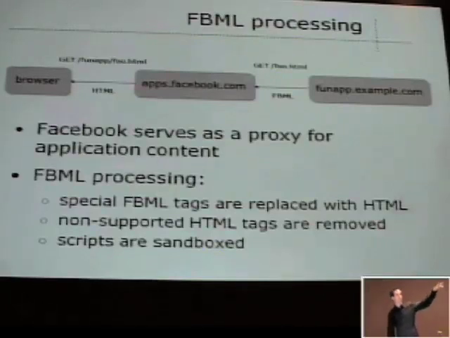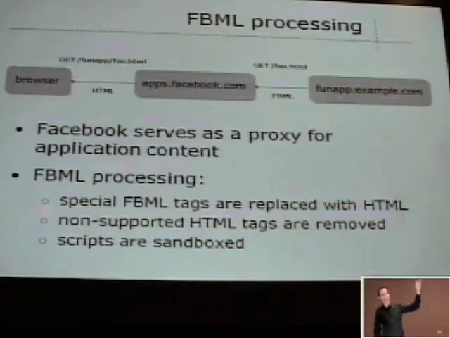You have the browser, and the browser requests an application page from the apps.facebook.com domain. Then apps.facebook.com serves as a proxy, and it requests that page from the site of the developer, for example, funapp.example.com.